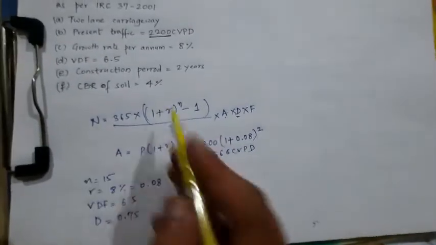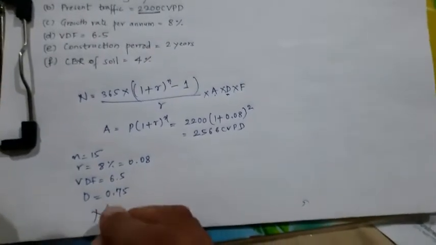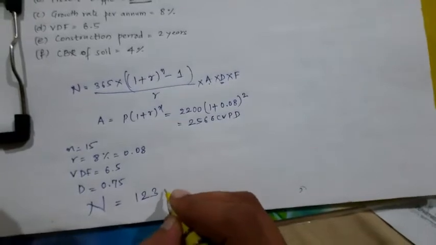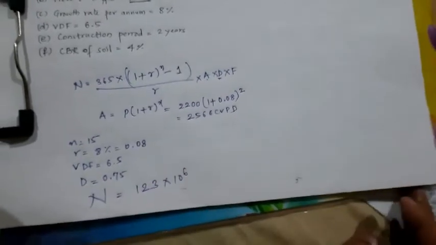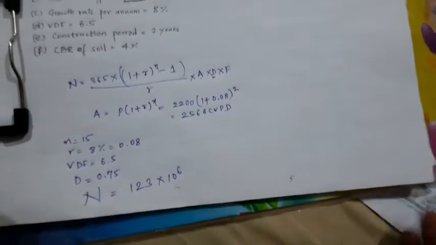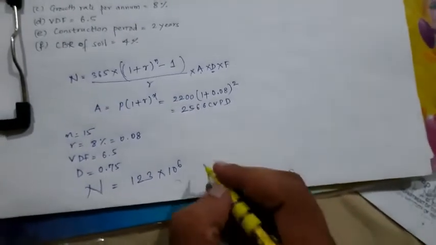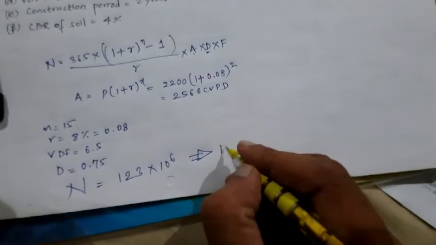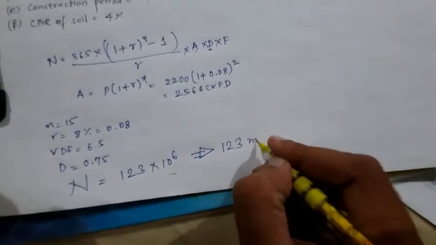If I input all these values, my N is going to be somewhere around 123 into 10 raised to 6. If I divide by 1 lakh, it is going to be 123 MSA.